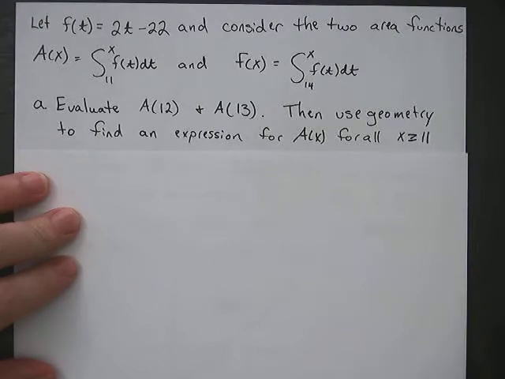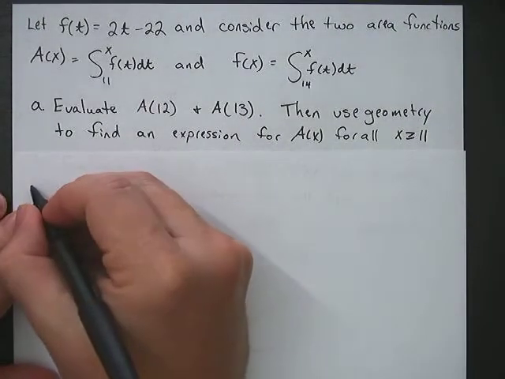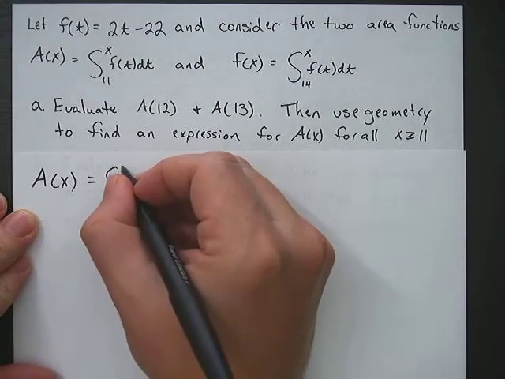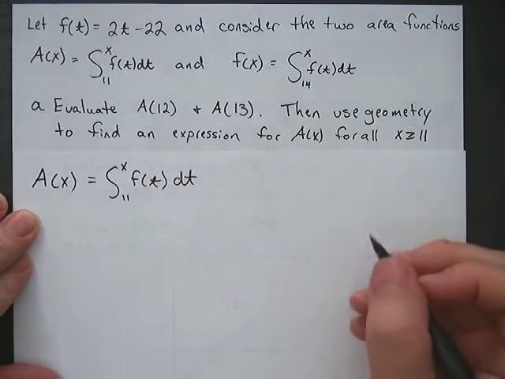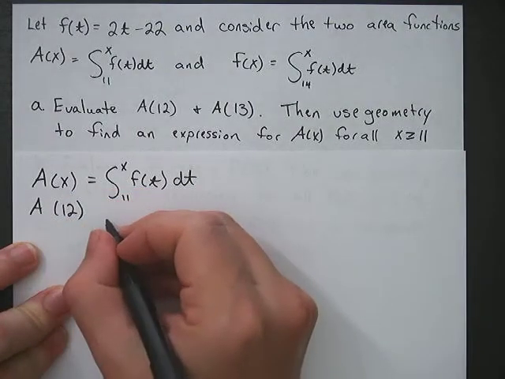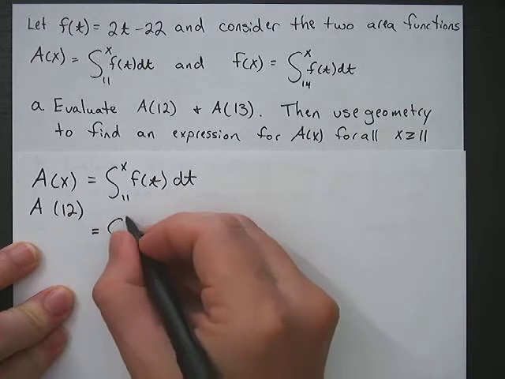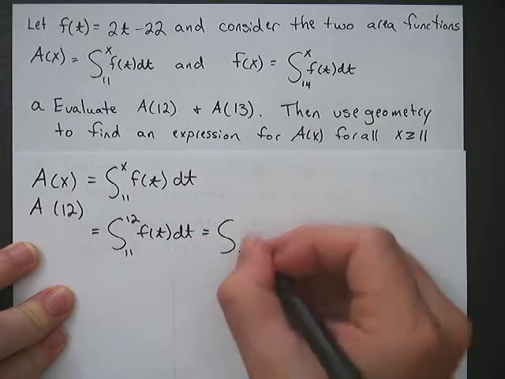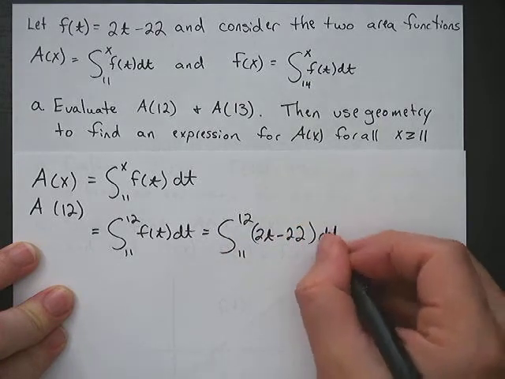Given that A of x is equal to the integral from 11 to x of f of t dt, A of 12 is equal to the integral from 11 to 12 of f of t dt, which is the integral from 11 to 12 of 2t minus 22 dt.